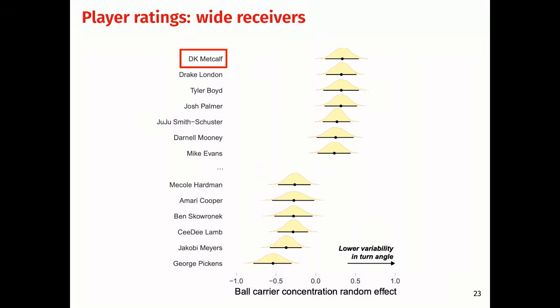Hi. I'm curious because on the wide receivers and the other positions, it seems like there are some pretty good players who have low change of direction. So do you think that having a low change of direction could also be an athletic skill? Or do you think that having a low change of direction is simply not being able to change direction that well?